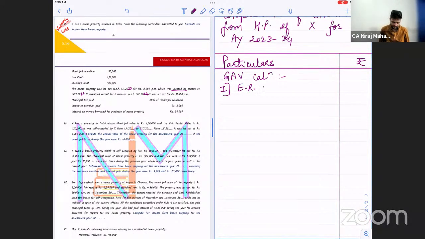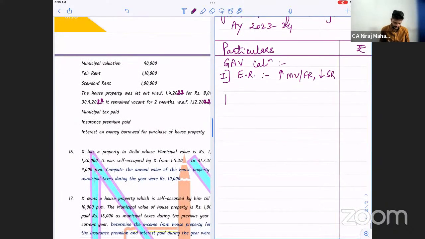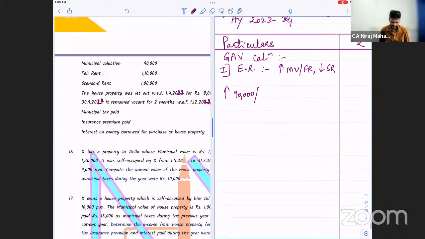It is the higher of municipal valuation or fair rent, subject to standard rent. So I'm writing directly now. Higher of what? 90,000 or fair rent 1,10,000. Higher is 1,10,000. Lower of 1,10,000 and standard rent. So expected rent is what?